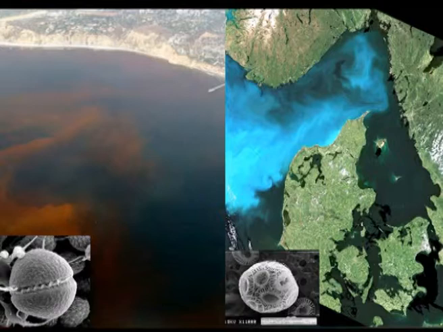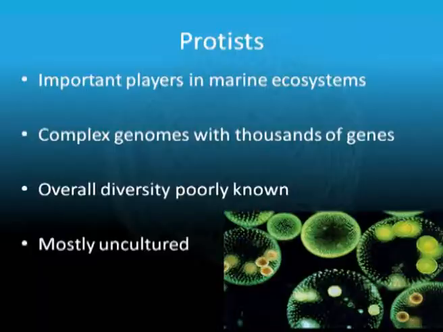This is another picture which is, I think, pretty nice, and we've been talking about bacteria, but there are other players in the waters which are really important, which are protists, microbial eukaryotes. You can see them from the air or from space. So they are important players in marine systems.